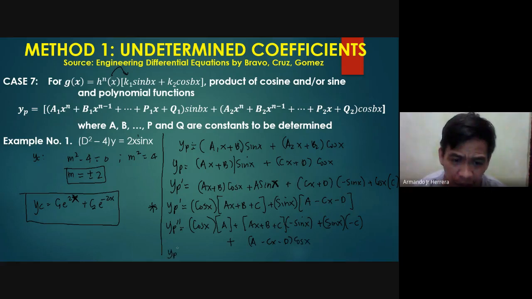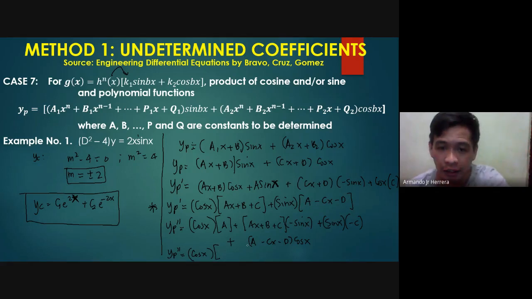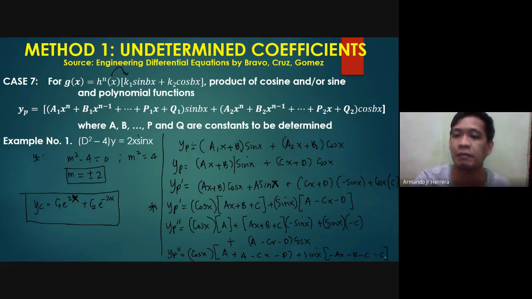Simplifying yp double prime, lahat ng may cosine x, kunin ulit natin. We have a plus a minus cx minus d. And then lahat ng may sine x, we have plus sine x. This is preceded by a negative, so magiging negative ax minus b minus c, and another minus c here. So let us simplify further.